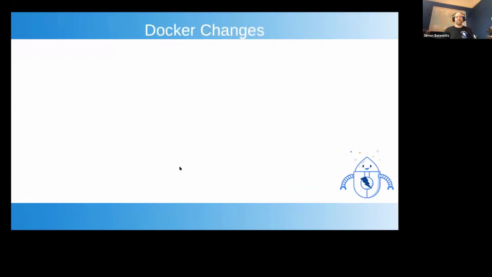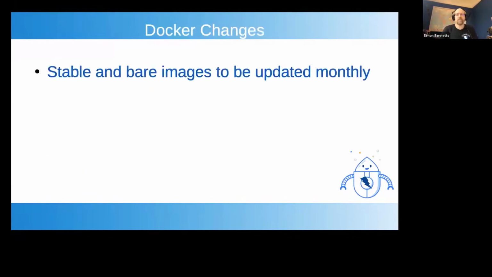What I want to talk to you about now is the Docker changes, because we're making some fairly significant changes to the Docker images. The main thing is that the stable and bare images will be updated monthly. Previously, we only updated them when we did a major release like ZAP 2.10 and ZAP 2.11.